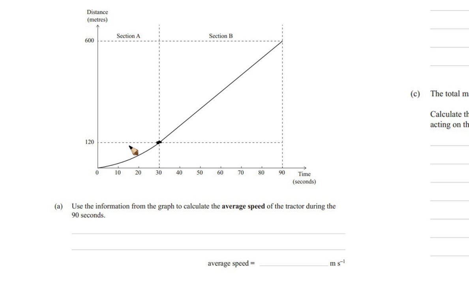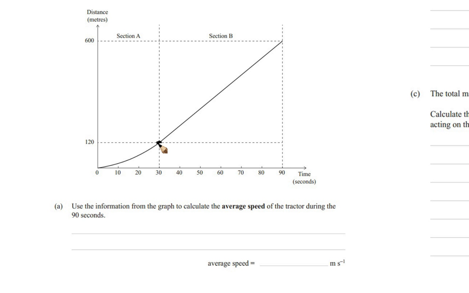But what we can say is that at the end of section A it's reached its maximum speed, and it carries on at that speed for the rest of section B. So it may seem odd, but the speed during section B is the maximum speed, the speed we've reached at the end of section A.